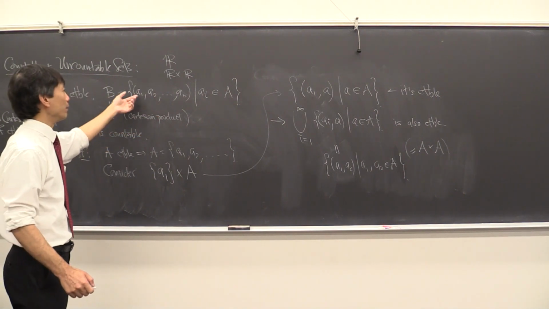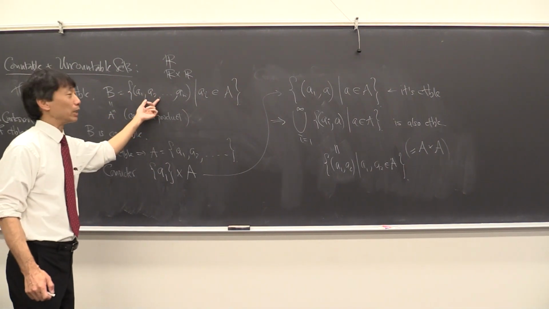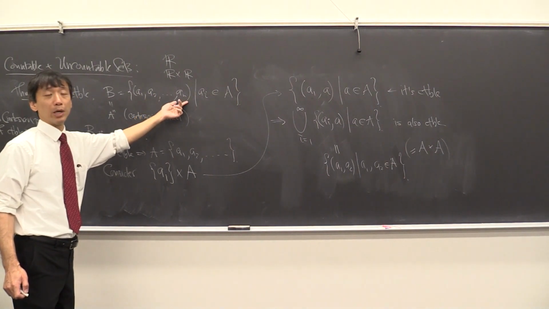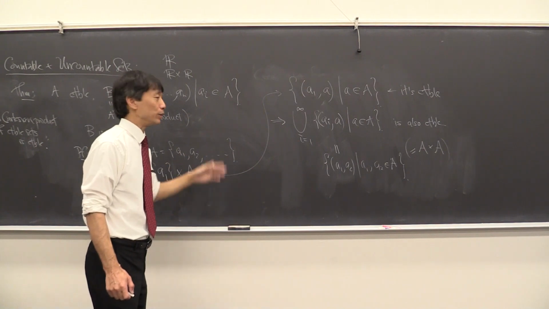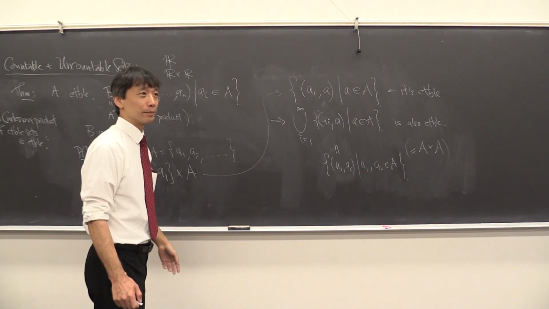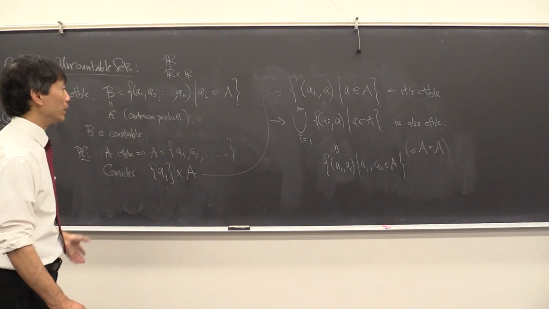And we can just do it by induction. You can get all the way up to the nth product. You just keep on going until you hit the end, by induction.